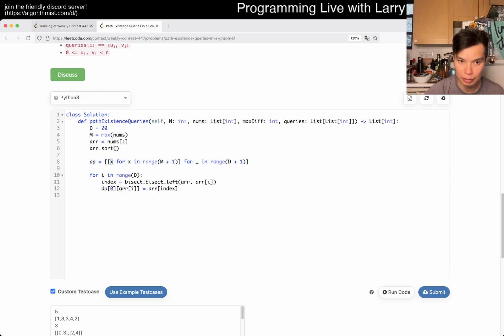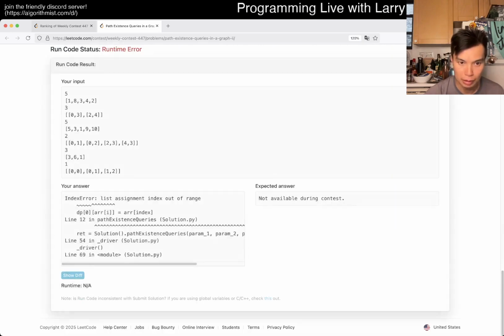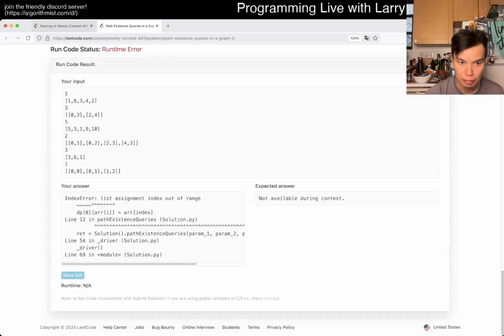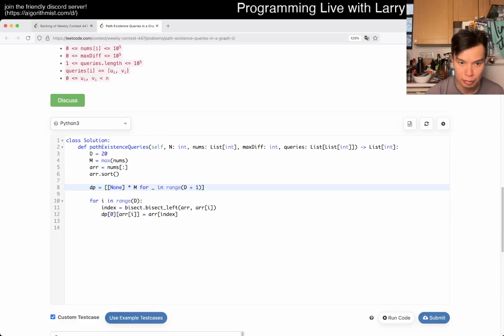Let's just say none for now, actually. And it shouldn't matter anyway. The way I'm doing it is a little bit awkward, but maybe it's fine. Times m. m plus 1 by definition.